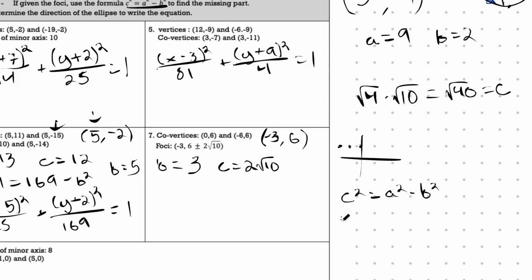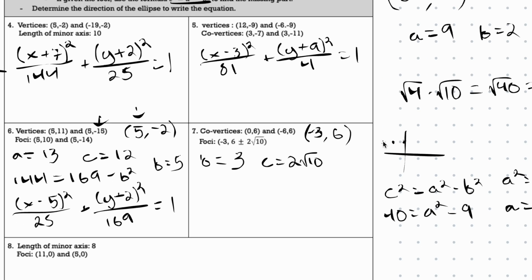So c squared is going to be equal to 40. A squared, we don't have a squared, that's what we're going to try to find, minus b squared, 3 squared, which is 9. So that means a squared is going to be equal to 49, which is a is equal to 7.